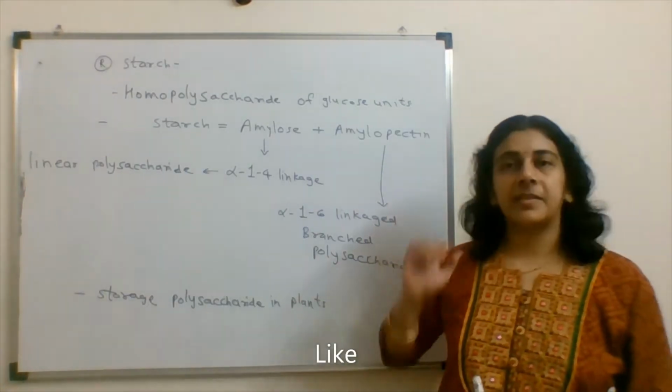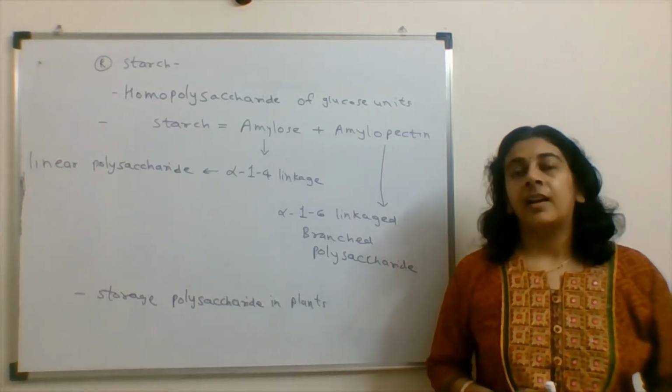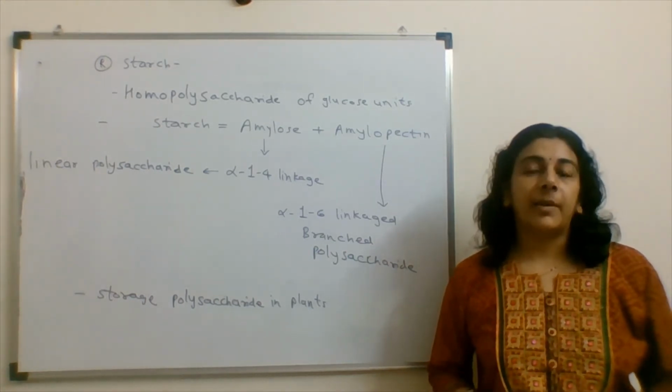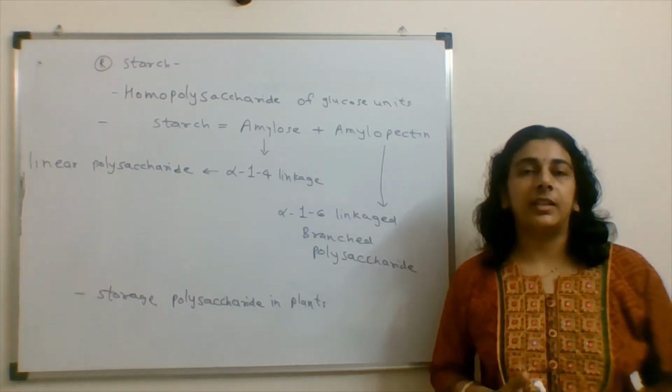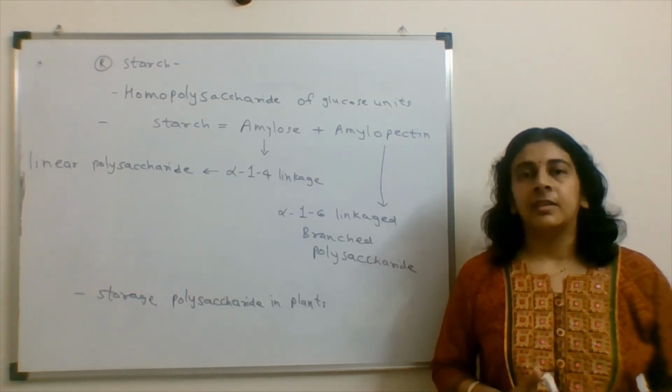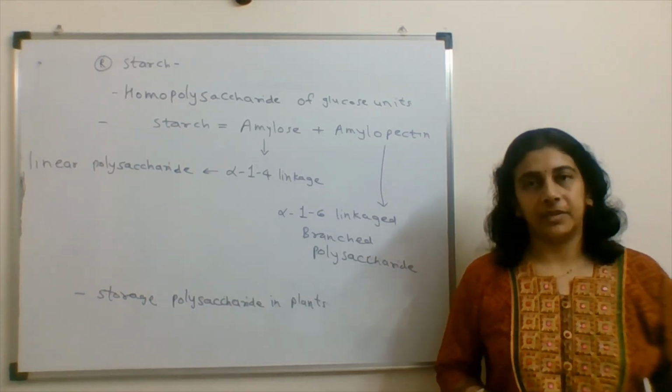Then the next one is starch. It's the storage polysaccharide in plants, and it is made up of amylose and amylopectin. Basically, the unit in starch is glucose. Amylose and amylopectin are both glucose polymers.